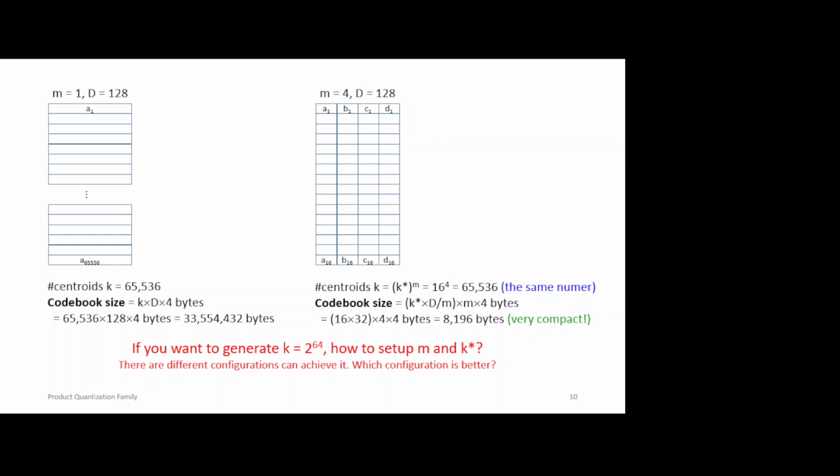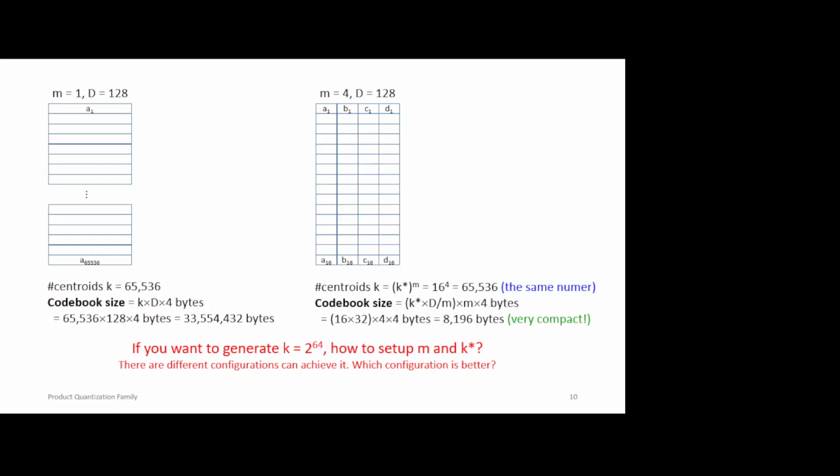We can apply K-means directly, and here we generate 65,536 total centroids. Each centroid we keep with 128 dimensions.